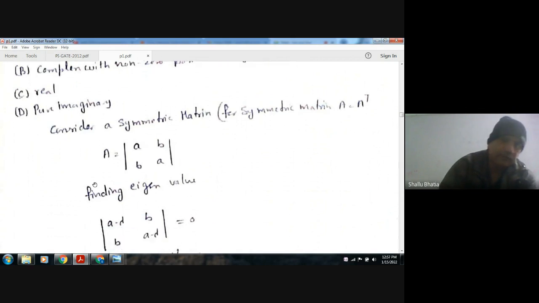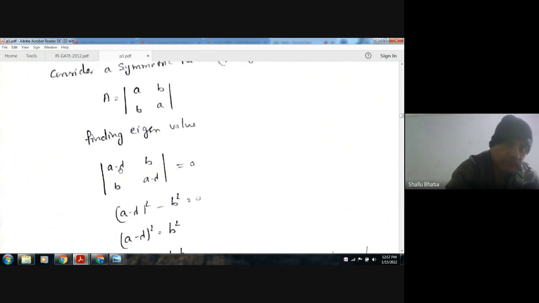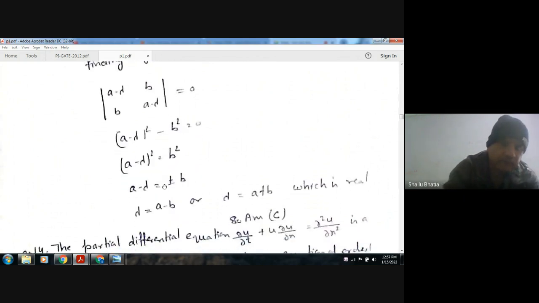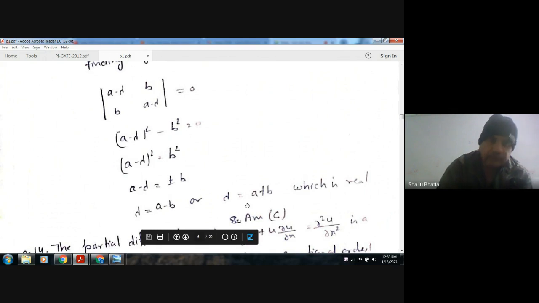Now find the eigenvalues. The characteristic matrix is a minus lambda, b, b, a minus lambda, where lambda is the eigenvalue. Solving this, we get (a minus lambda) square is equal to b square, so a minus lambda is equal to plus or minus b. So lambda can be either a minus b or a plus b, which are real, not imaginary, because here b square is there, not minus b square. So these are real.